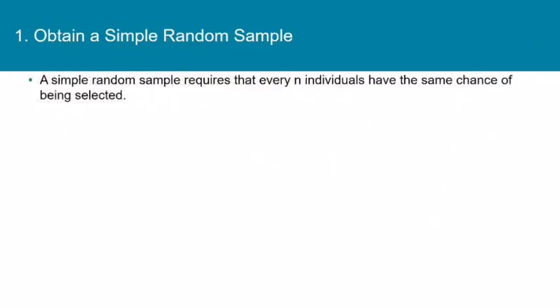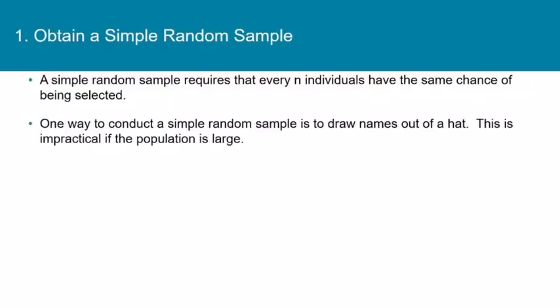Okay, so we're working our way toward an example where we can collect our own simple random sample. So let's just recap a few things and maybe pick up another word or two. A simple random sample requires that every n individuals have the same chance of being selected. One way to conduct a simple random sample, like we said before, is to draw names out of a hat. That's impractical, though, if the population is large.